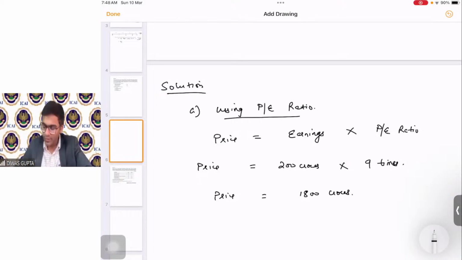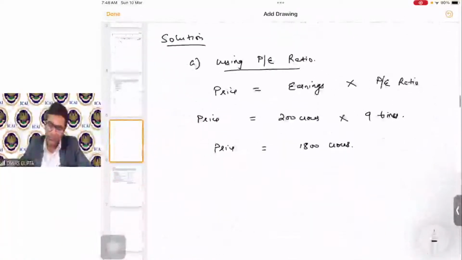Okay, students. Now let's move to the next part, dividend growth model.